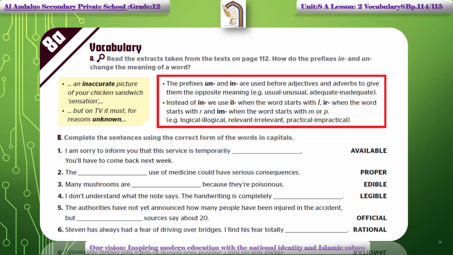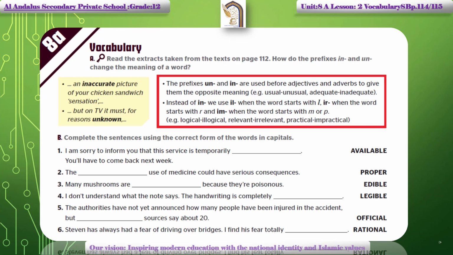Now let's check together. The prefixes un and in are used before adjectives and adverbs to give them the opposite meaning. These are examples: usual, unusual, adequate, which means enough, inadequate.